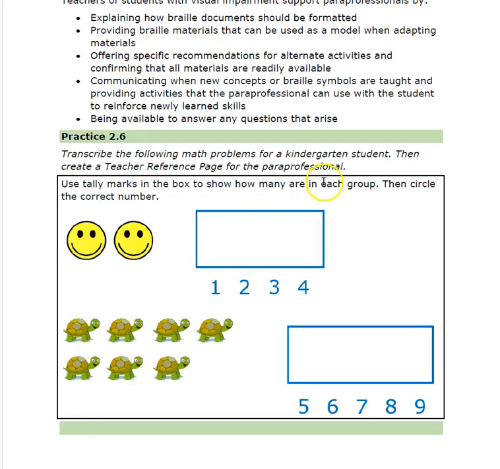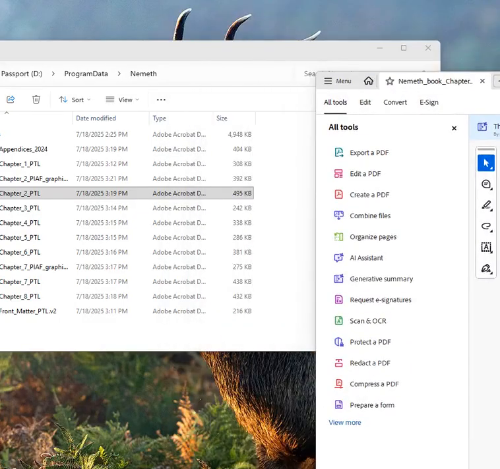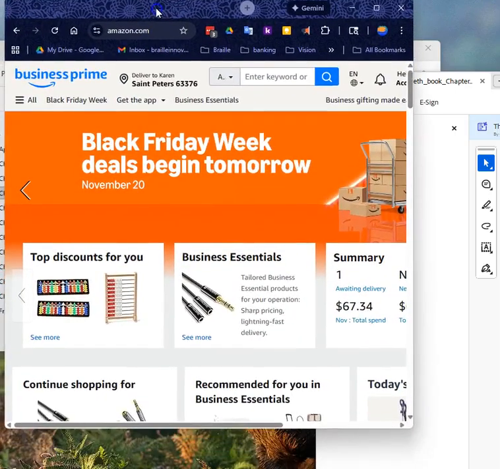There are tactile materials that you might want to look into. I'm going to pull over Nemeth here, or Amazon.